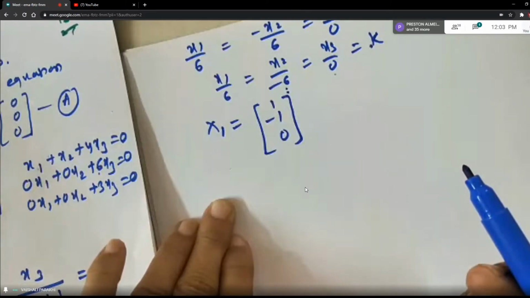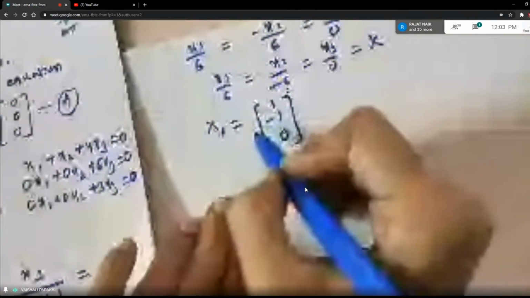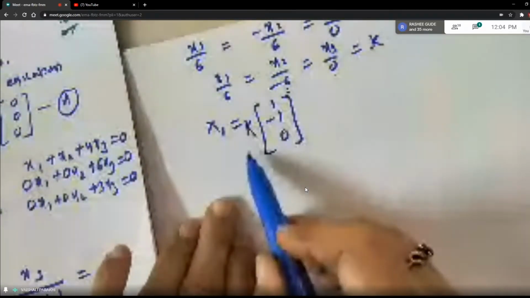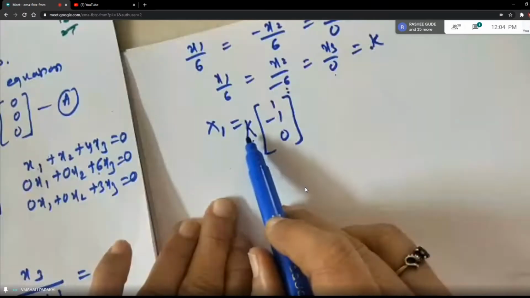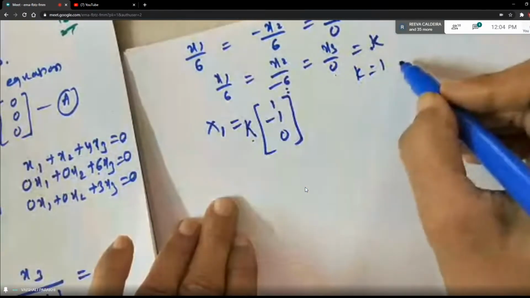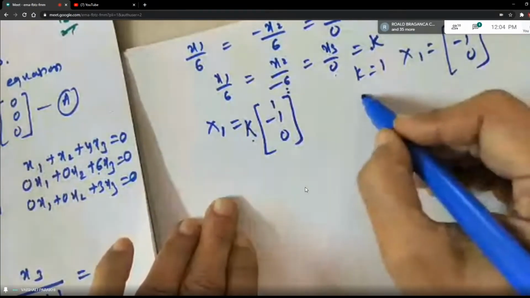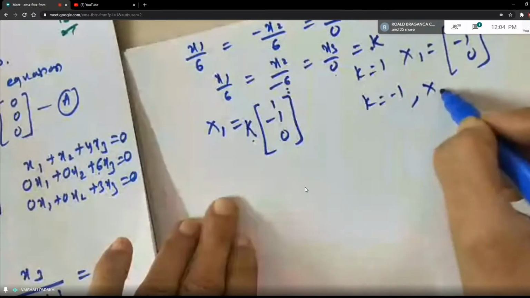Okay. Now at the same time, what I am saying is, when you write this x1, basically it is k into this. If k is 1, what will happen, students? For k is equal to 1, x1 will be equal to 1, minus 1, 0, right? If k is equal to minus 1, what will be x1?